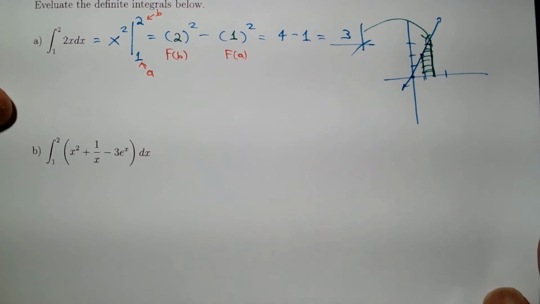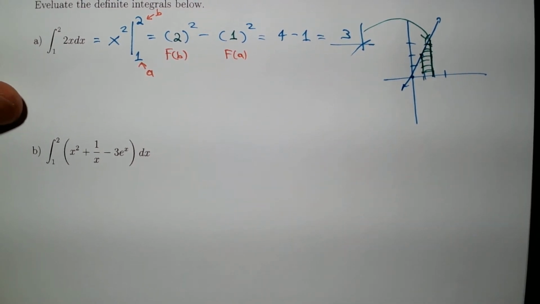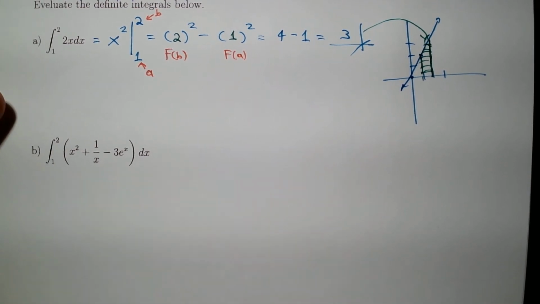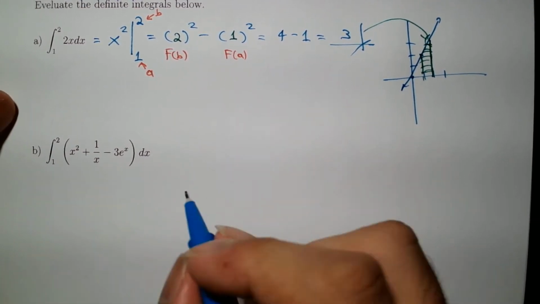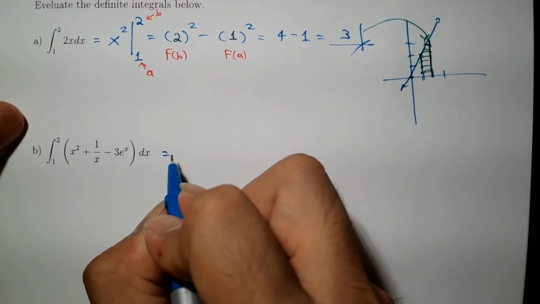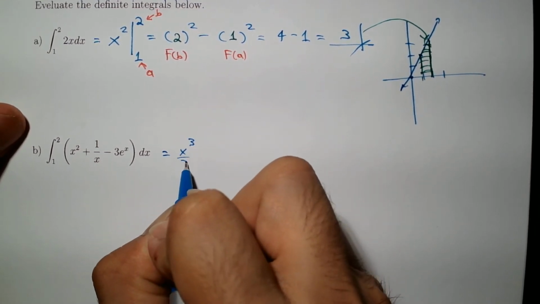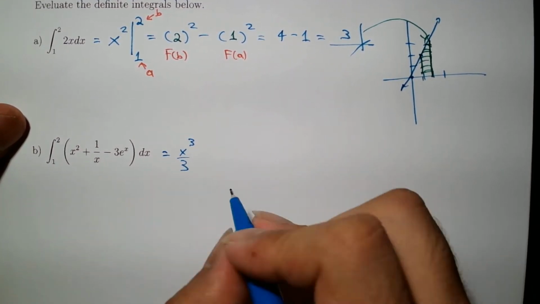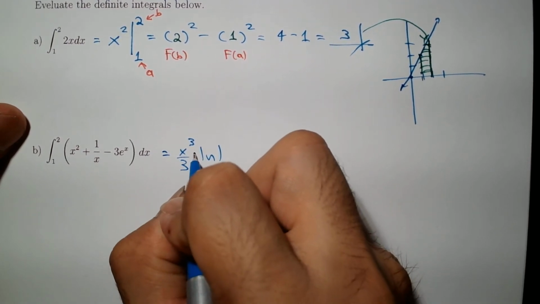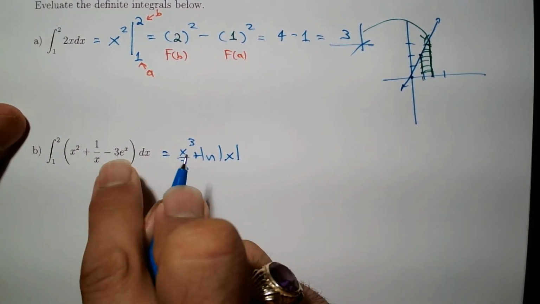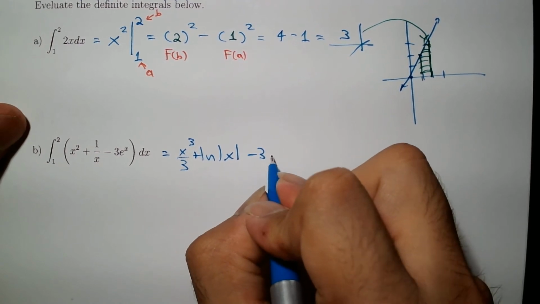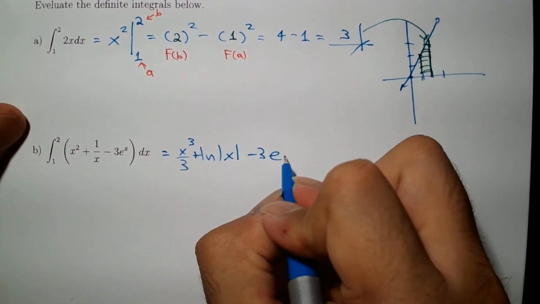So let's do another example that combines a few rules at the same time. In this case, we have the integral of x squared. So the integral of x squared is x cubed over 3. The integral of 1 over x is ln of absolute value of x, and minus 3 times the integral of e to the x, which is itself e to the x.